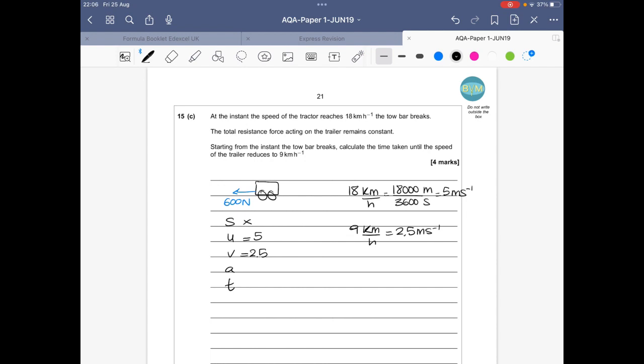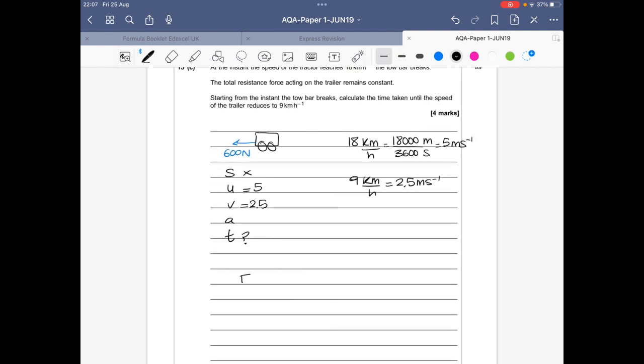Acceleration, I don't have it yet, and I need the time. If I want to find the time, I need to know the acceleration. I need 3 things to find a fourth one in suvat equations, remember? So to find the acceleration, I'm going to use the forces equation again. So the resultant force is going to be the mass of the trailer times the new acceleration, which is going to be negative because it's slowing down.